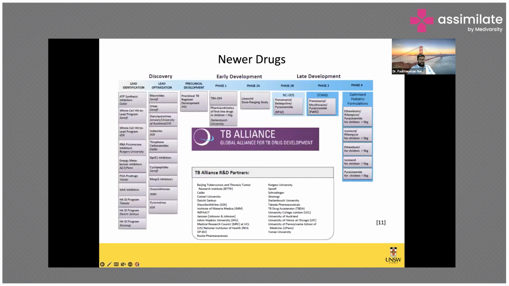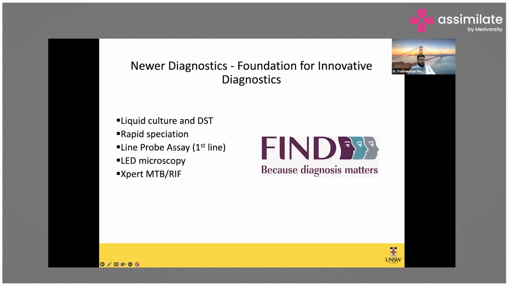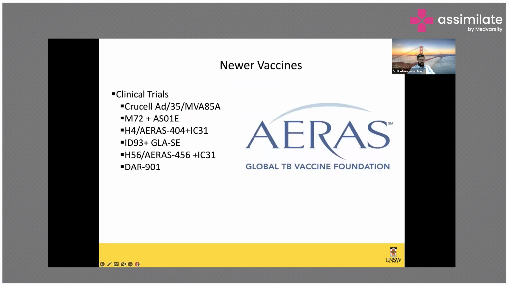So one good thing is there are lots of new drugs which are now being developed in the pipeline, and lots of new diagnostics which are coming up, and newer vaccines are also in the pipeline. But all of this is not enough, we need to do a little bit more in terms of TB control, and we'll see why it's really important as we see the numbers.